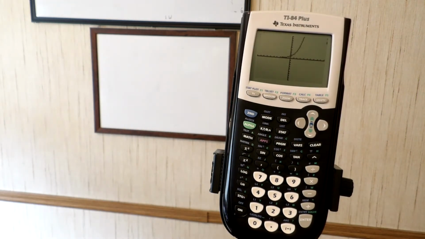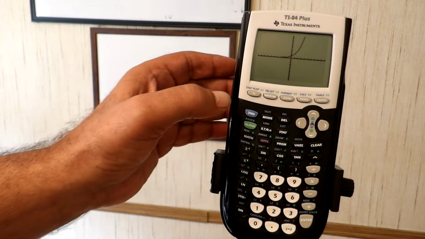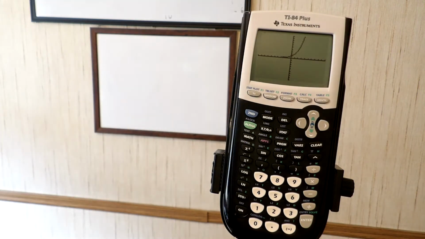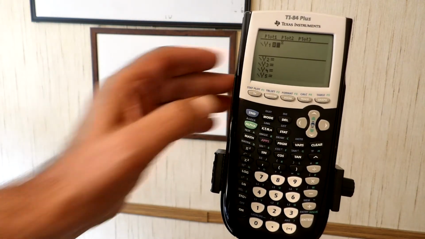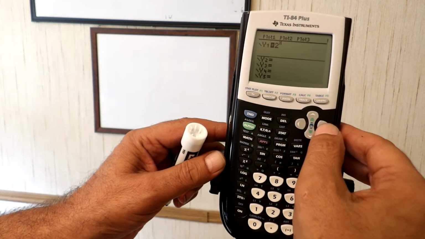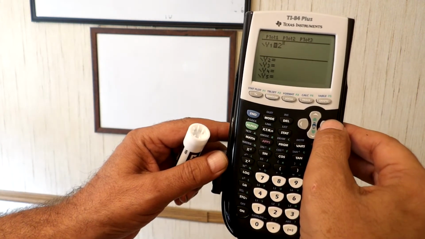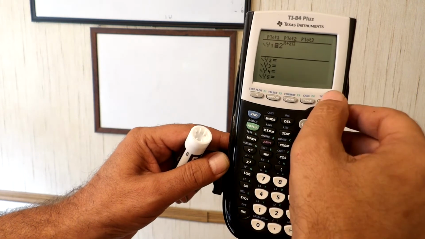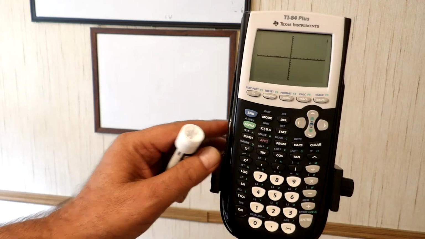It's going to be like this. And then we add something here: y equals 2 to the power of x plus 2. See?